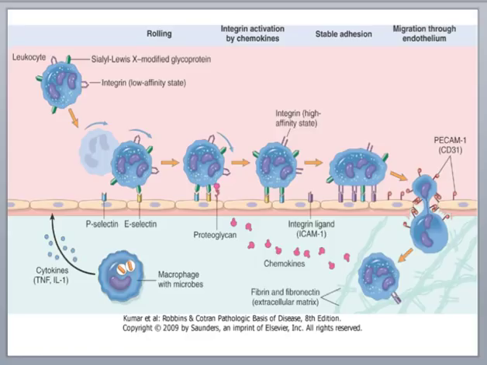So just imagine the leukocytes tumbling along the endothelial surface until they finally adhere and then transmigrate through the endothelium and then go to the site of inflammation through chemotaxis. I think the video will illustrate this even better.